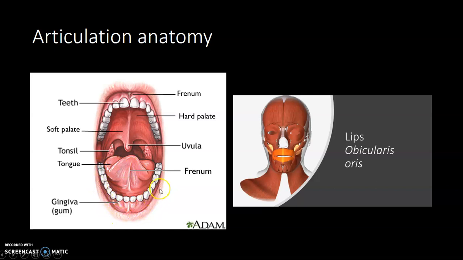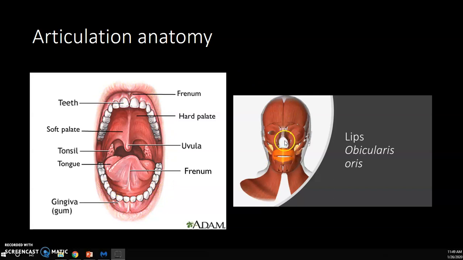When we talk about the lips, we're really talking about the underlying muscles of the lips, which is formed by the orbicularis oris, and we can remember that because the orbicularis oris creates an O, and it also looks like an O and helps us open and close our lips for speech sounds. So the orbicularis oris gets innervation from the facial nerve, and the facial nerve is going to help us create those O's.